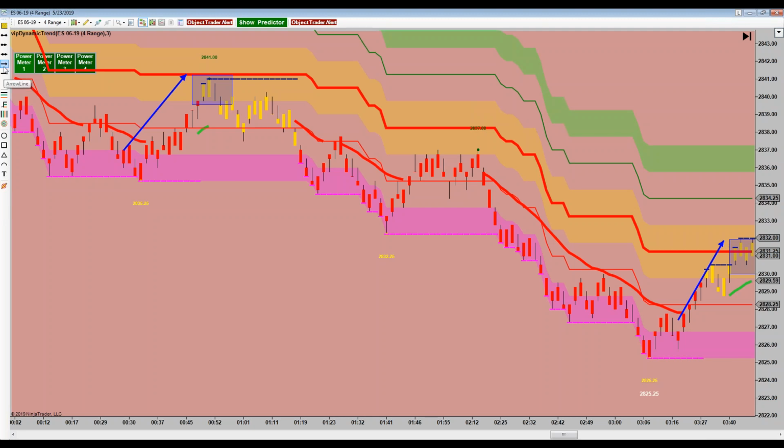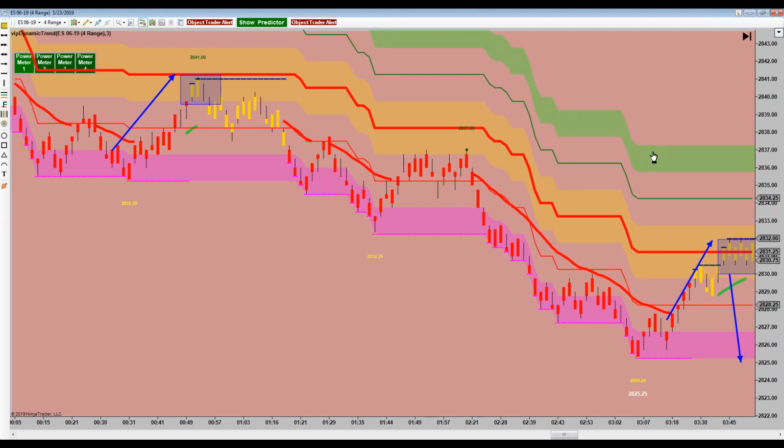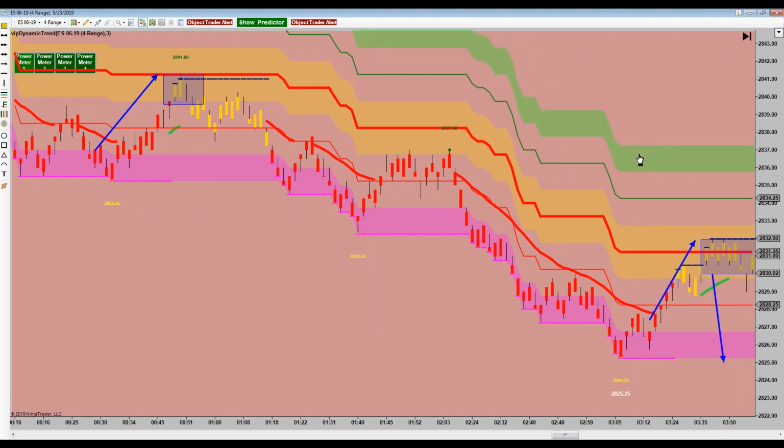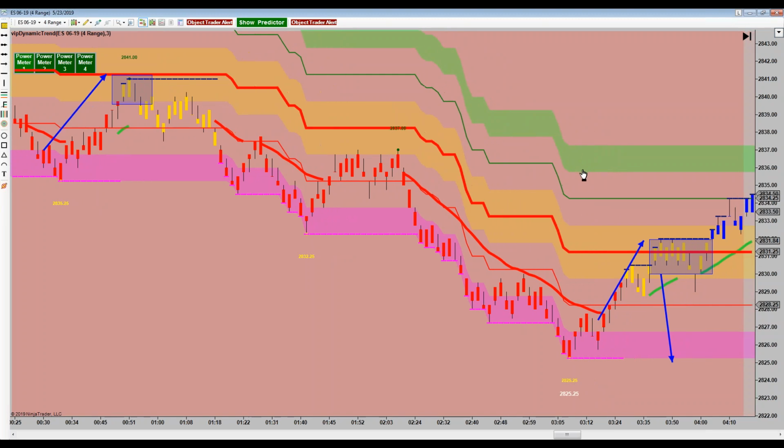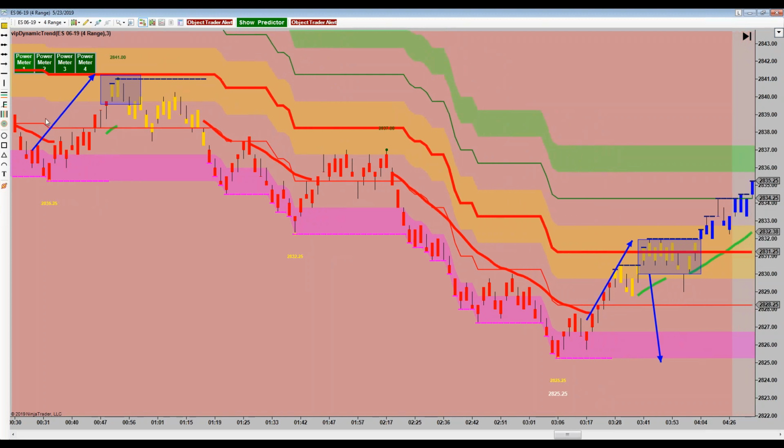So there needed to be, to enter here, a close below the region box itself to get short. And in any case, did a bar close below it? No. This bar, although it was close, never closed below it. The answer was no. You were never filled short.